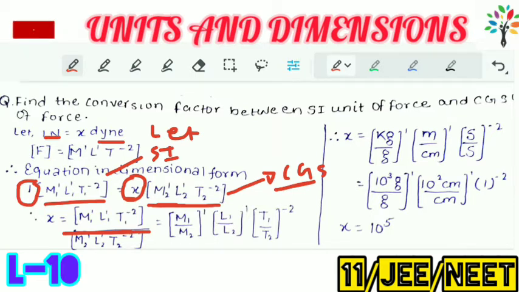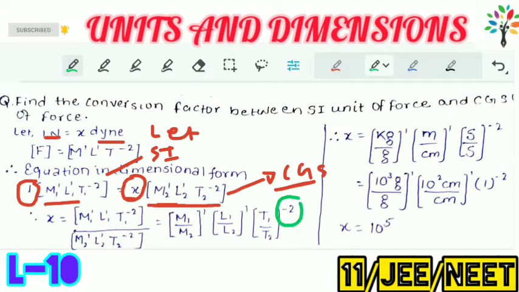Now here we have M1 upon M2 raised to power 1. Okay, we will separate each term: M1 by M2, L1 by L2, T1 by T2. So M1 by M2 raised to power 1, then L1 by L2 raised to power 1, T1 by T2 raised to power minus 2.